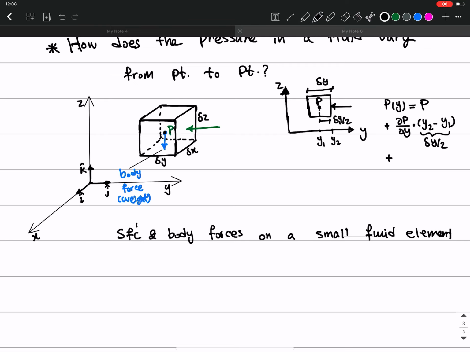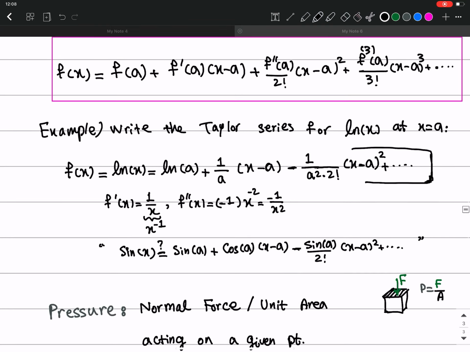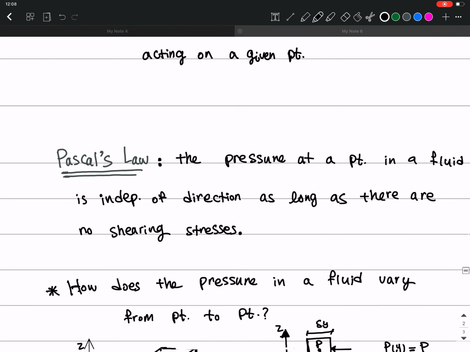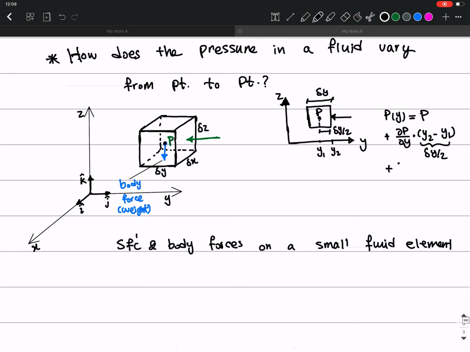And then plus other terms, the higher order terms: the second derivative of P with respect to Y, times 1 over 2 factorial, times delta Y squared, and other terms.